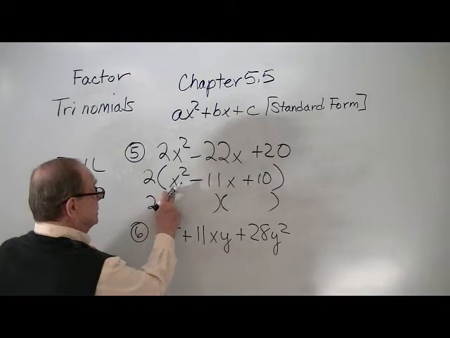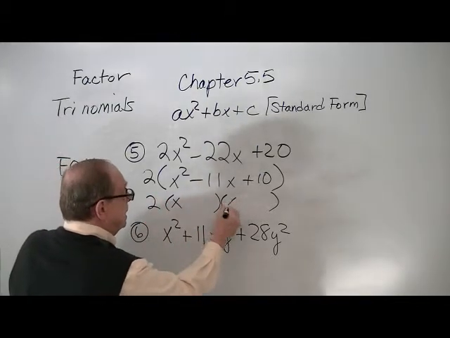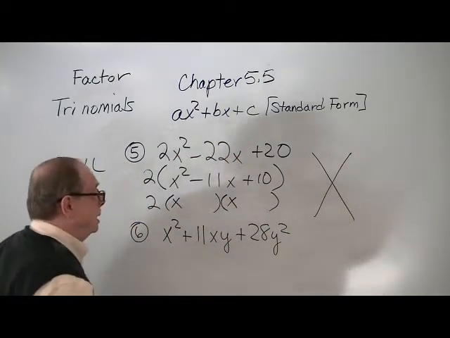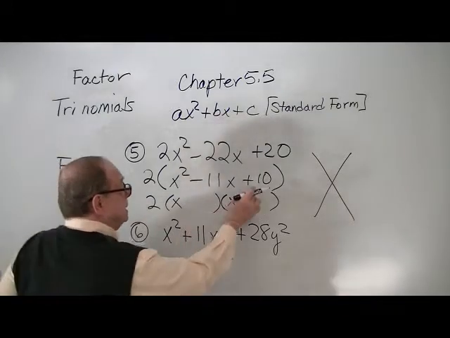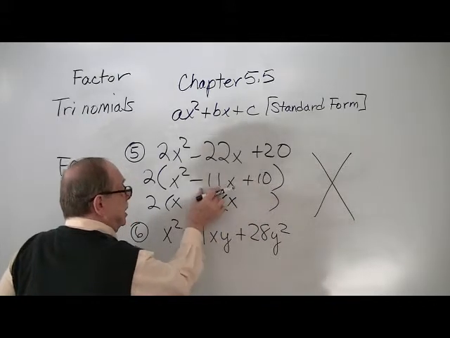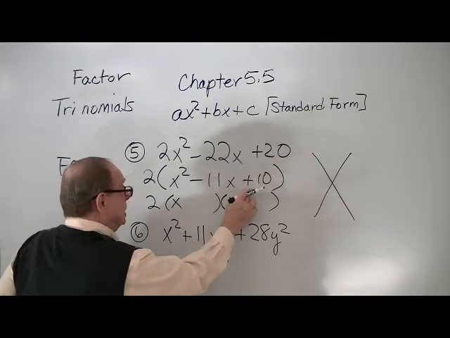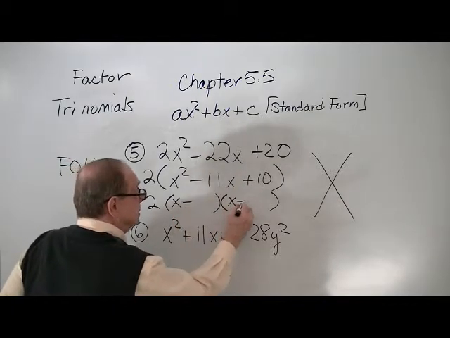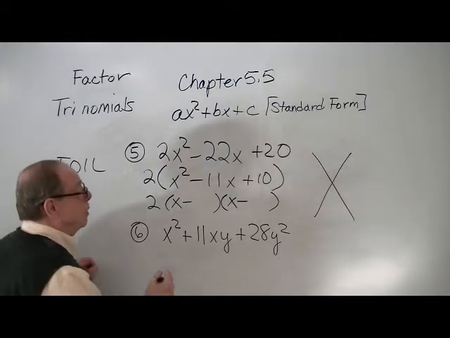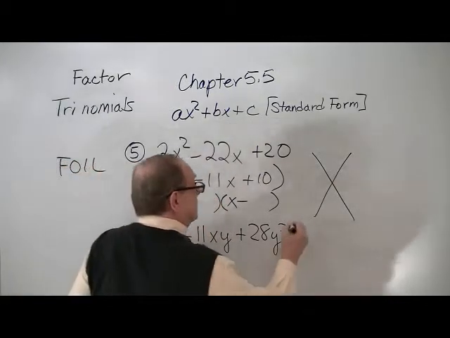Now we look at our first term. There are no other possibilities, so an x and an x goes there. Now we look at our 10. Our 10 is positive, but our middle term is negative. The only way that can happen is if both of these signs are negative. So, what are the factors of 10 that add up to 11? Well, that's kind of easy.